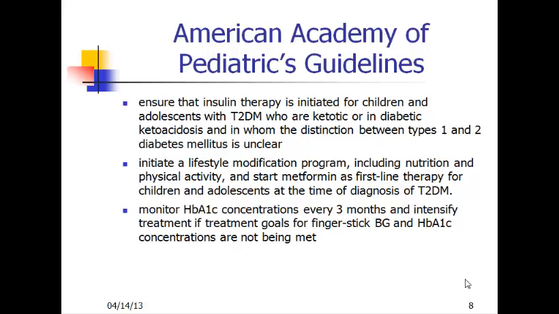Second, initiate a lifestyle modification program, including nutrition and physical activity, and start metformin as first-line therapy for children and adolescents at the time of diagnosis. Third, monitor the HbA1c concentrations every 3 months and intensify treatment if the treatment goals for finger stick blood glucose and hemoglobin A1c concentrations are not being met.